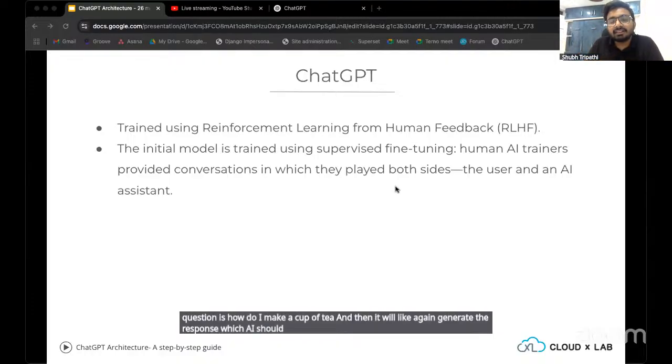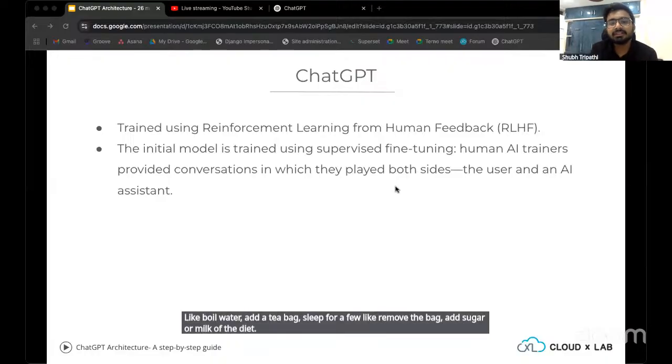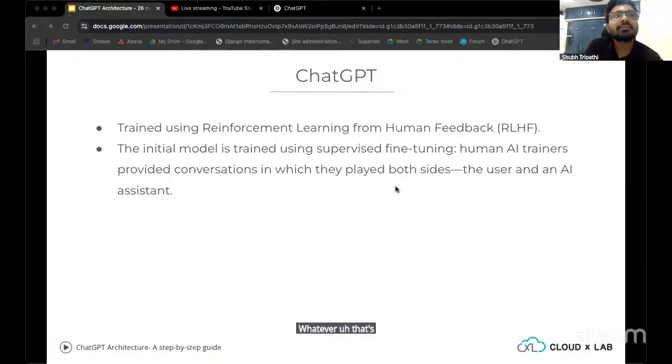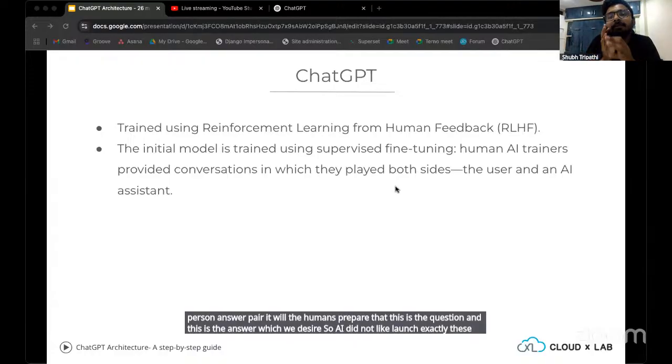So it will generate a response like: boil water, add a tea bag, steep for a few minutes, remove the bag, add sugar or milk if desired, or whatever. So humans prepare this question answer pair: this is the question and this is the answer which we desire. The AI does not learn exactly these words, it learns the pattern here.